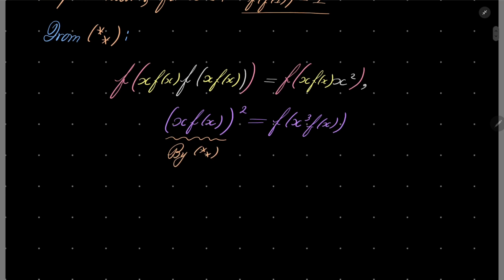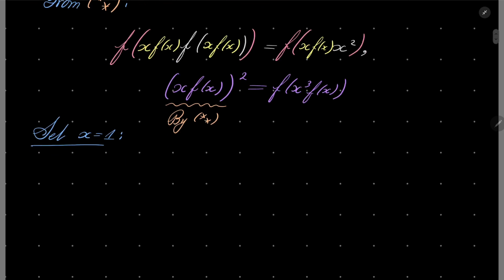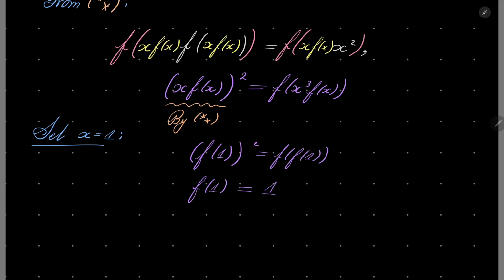Alright, and in particular, set x to be 1, and we get the following. On the left-hand side we have f(1) squared equals f(1), but f(1) is 1. We can take square root because we are dealing with positive numbers. And we get that f(1) must be equal 1.